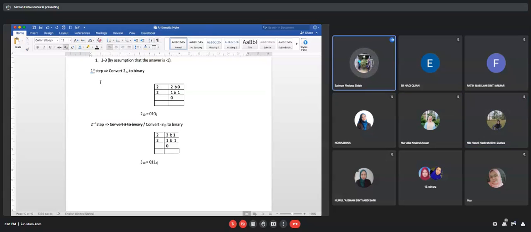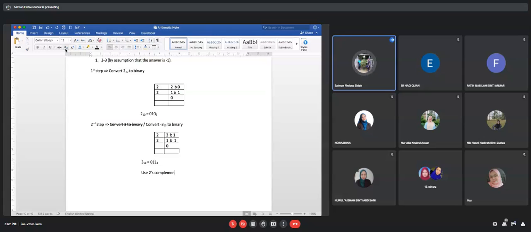And then what's the next step? Complement. Change to first or second complement? For first complement we just flip. Use one's complement or two's complement? Use two's complement.